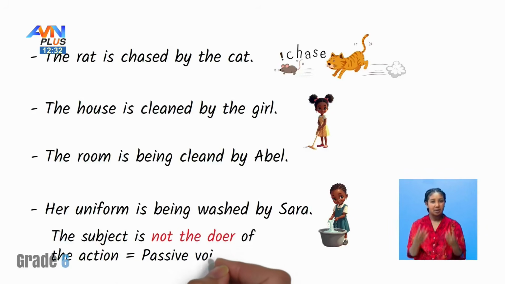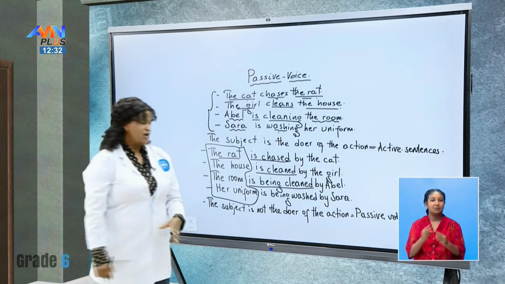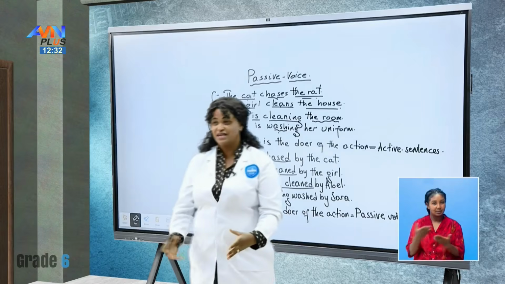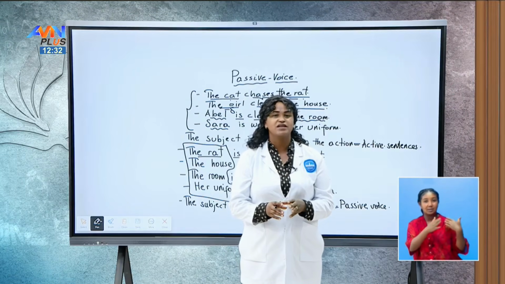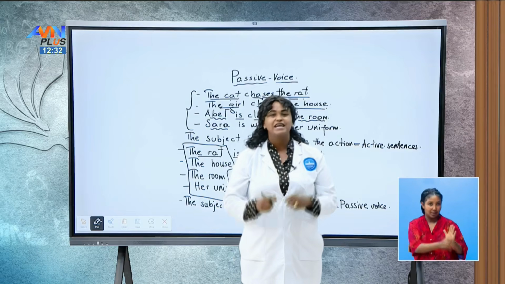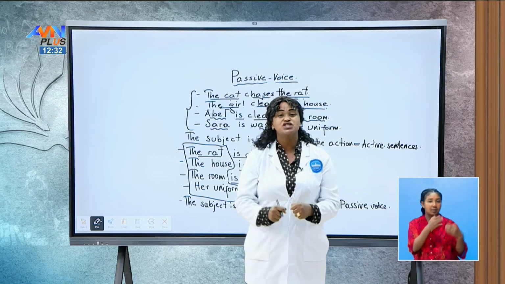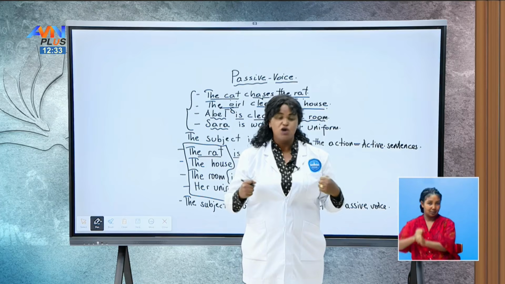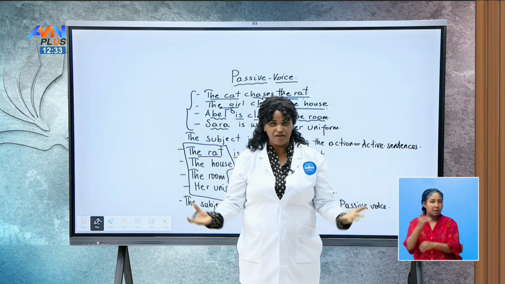Passive voice. Excellent. So we understand something, and that is, in an active sentence, the subject is what? The doer of the action. It is the subject that performs the action, whereas the object is the receiver, which is a common and usual sentence that we make in our daily life, right?